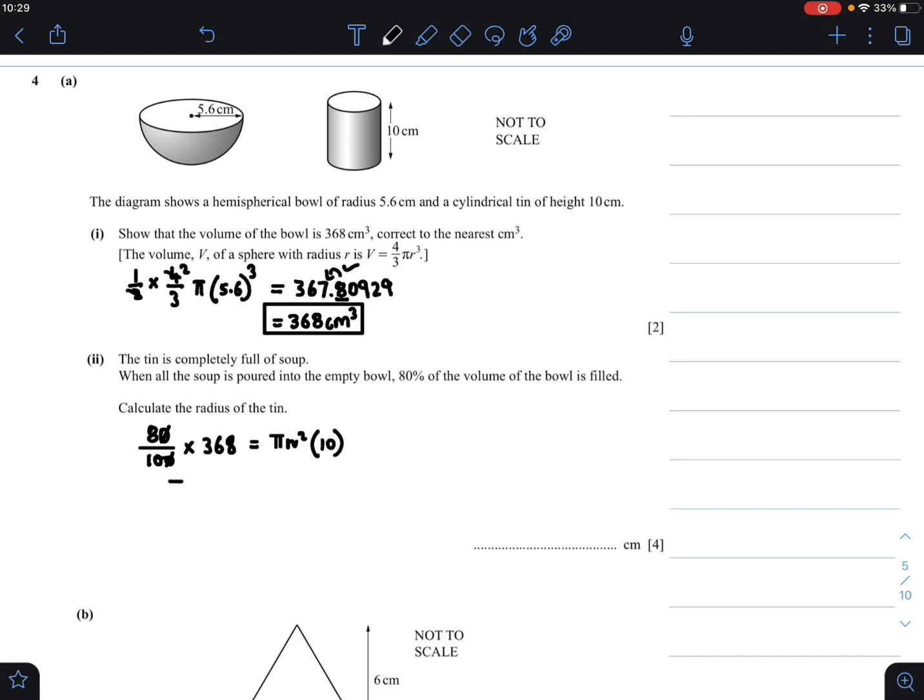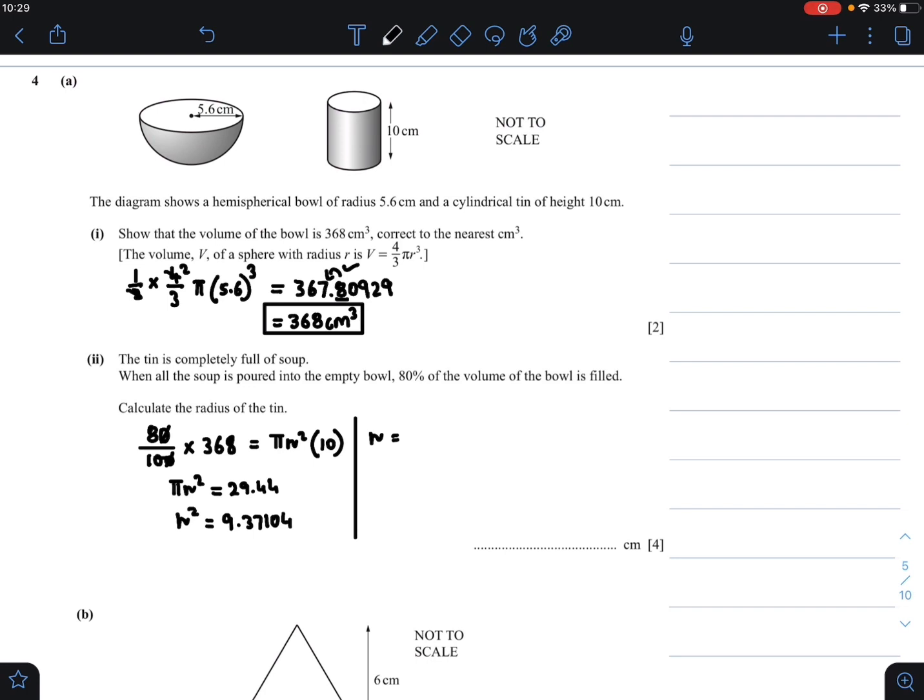So therefore πr² is equal to 29.44. Therefore r² is equal to 29.44 divided by π, which is 9.37104, and therefore r is equal to the square root of 9.37104.